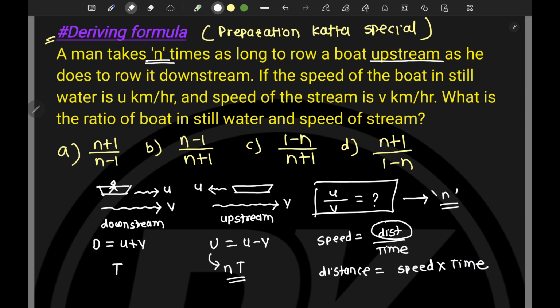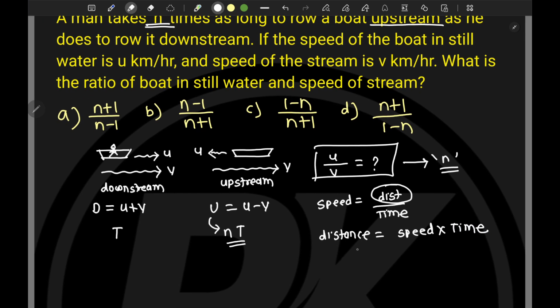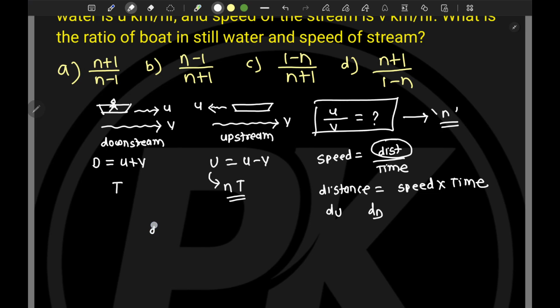Let the distance covered upstream be du and downstream be dd. We know that distance upstream is equal to distance downstream.